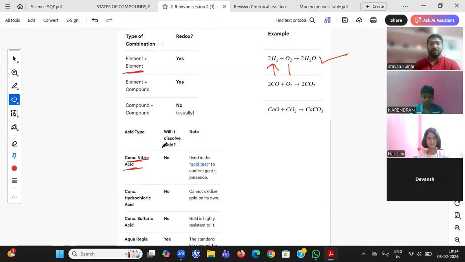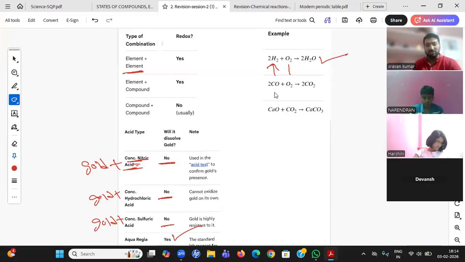So one of the students asked, can gold be dissolved in concentrated acid? The answer is no. Gold dissolve with concentrated H2SO4? No. HCl? No. It is only aqua regia in which gold can be dissolved, neither any dilute acid nor any concentrated acid.